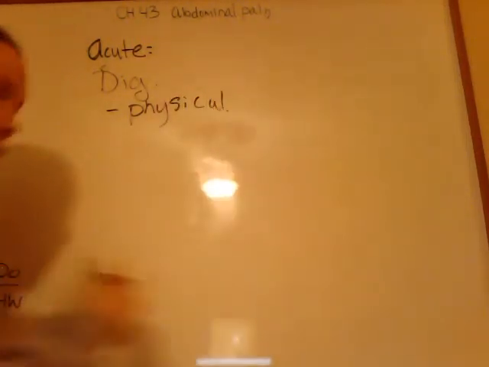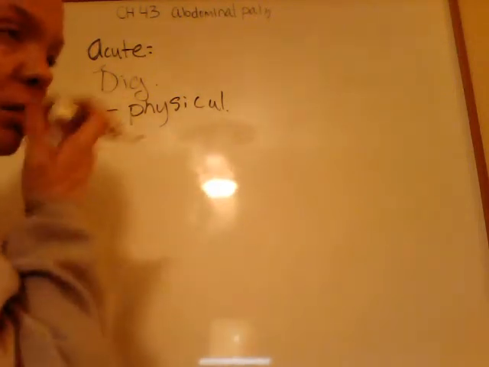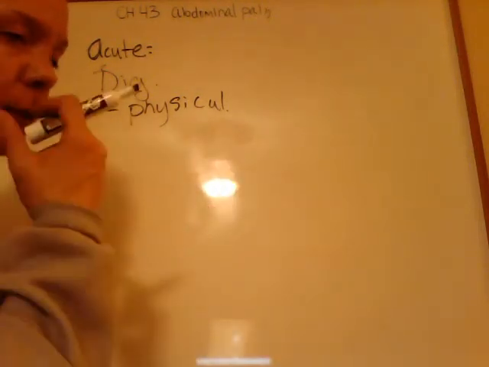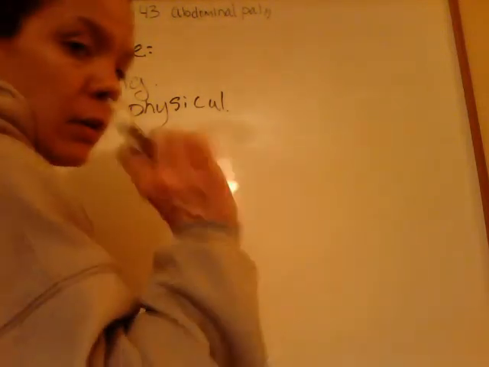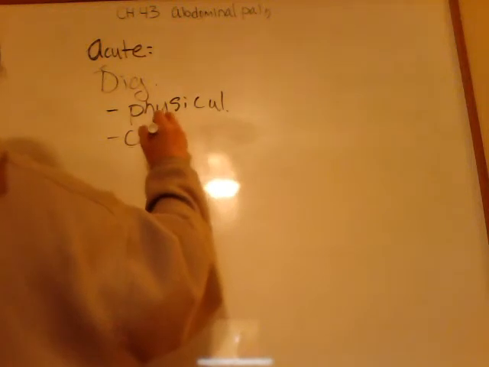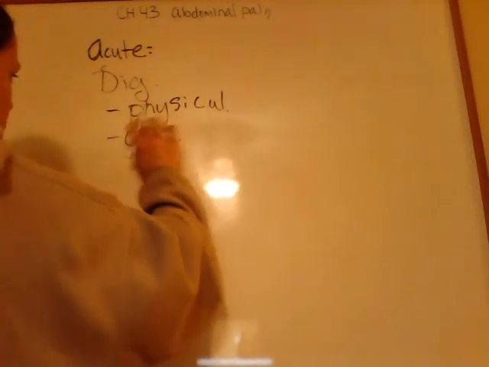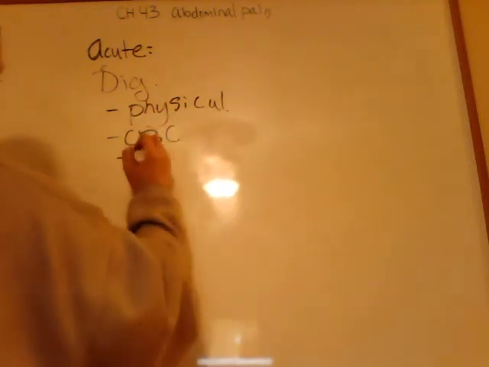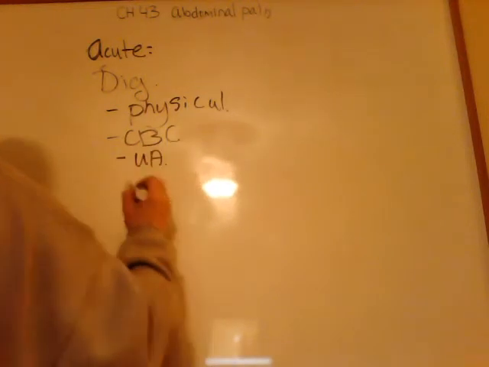So anyways, physical, you're looking for bruising, distension, anything out of the abnormal, abdominal sounds, pain, rebound tenderness, where you push in, and then when you let go, it hurts. We're also going to do the complete blood work. All right, UA, you want to see what's going on there.